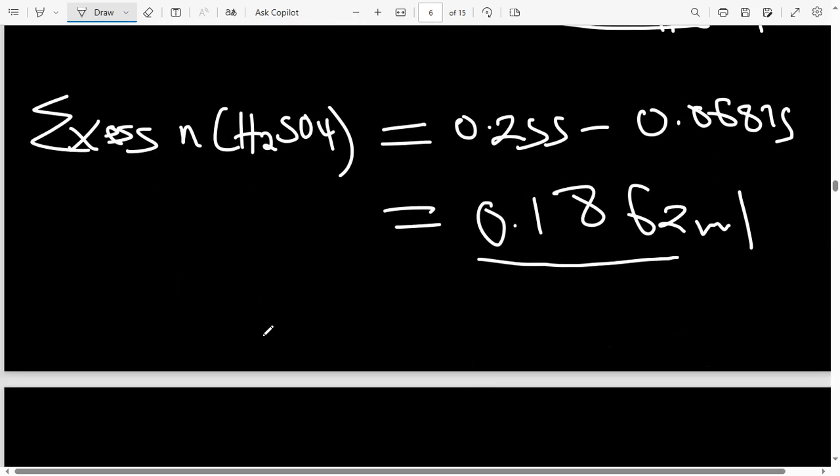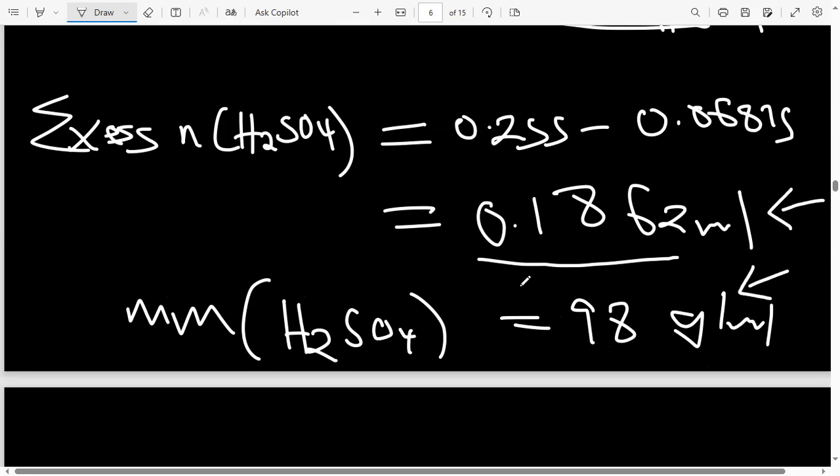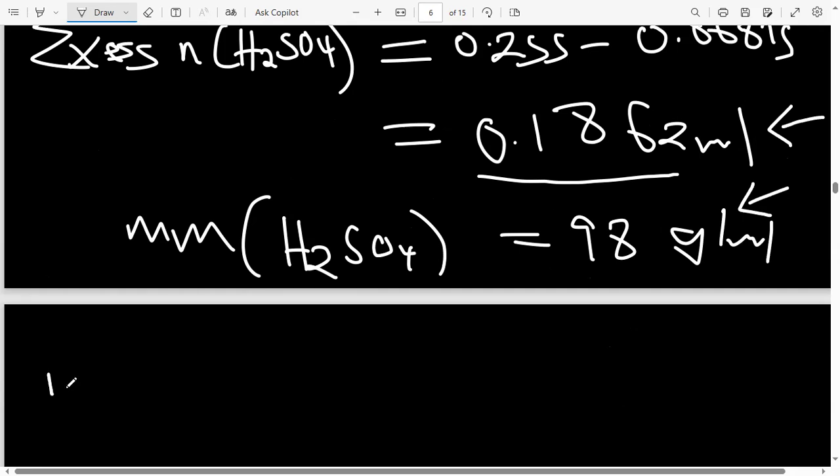So these are the excess moles of what? Hydrochloric acid. So for us to find the excess mass, we just have to combine these moles with the molar mass of hydrochloric acid. And we said the molar mass of hydrochloric acid is just 98 grams per mole. So from these moles and this molar mass, we can calculate the mass of the excess.